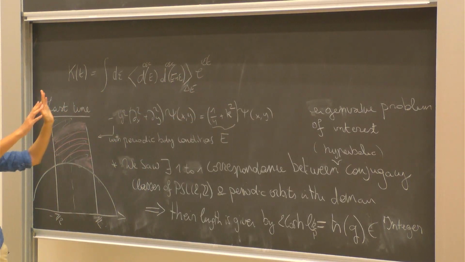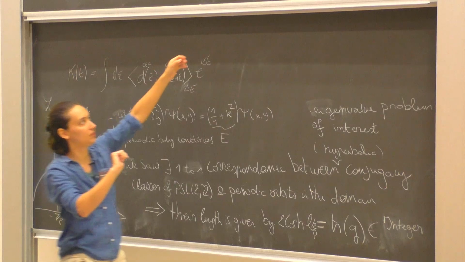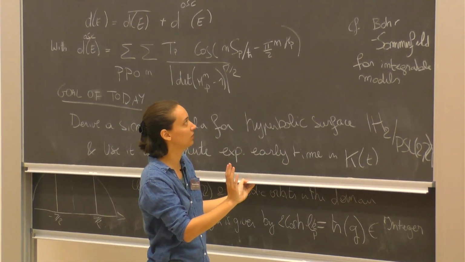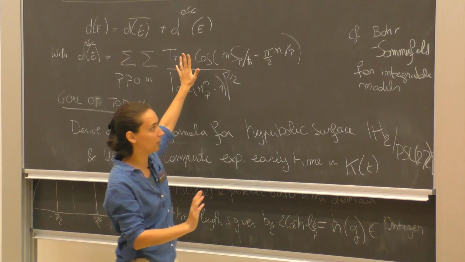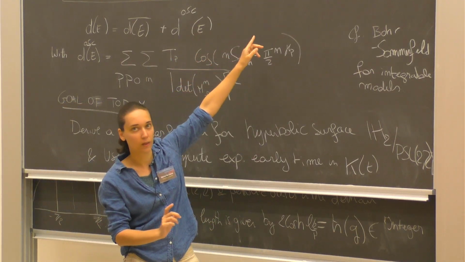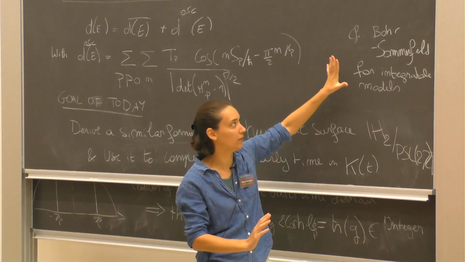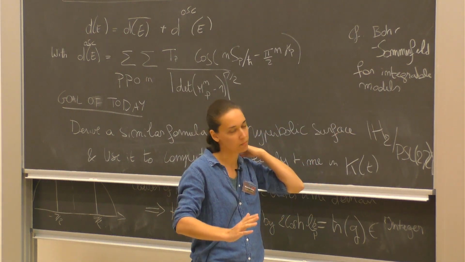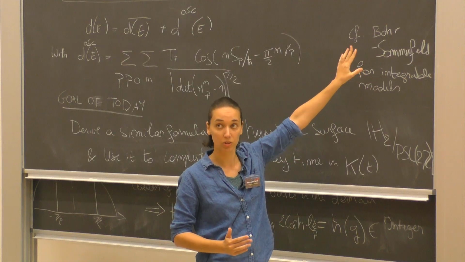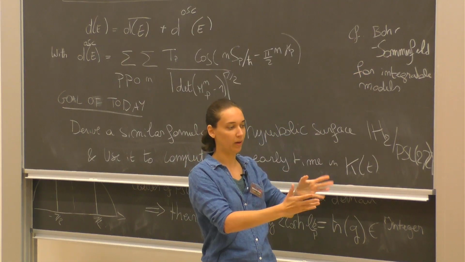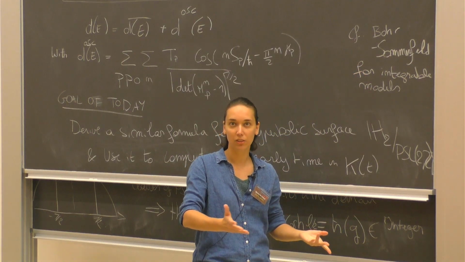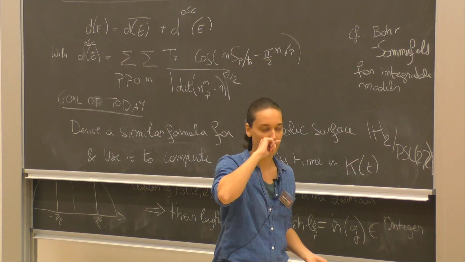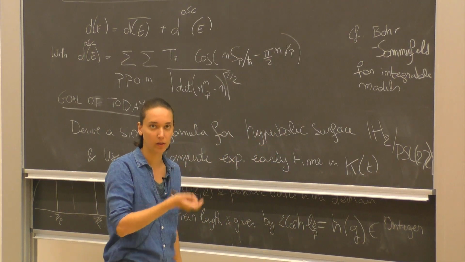Now, one thing I didn't say yesterday, and that might be good for general knowledge to mention, is that this type of formula came about thanks to Gutzwiller, and the whole point was that they were trying to do something similar to what I guess all of us have seen maybe in undergrad, which is known as Bohr-Sommerfeld quantization, that is usually applied in an example on the harmonic oscillator to try and understand how this linear spectrum comes about from the simple periodic motion in the classical theory.